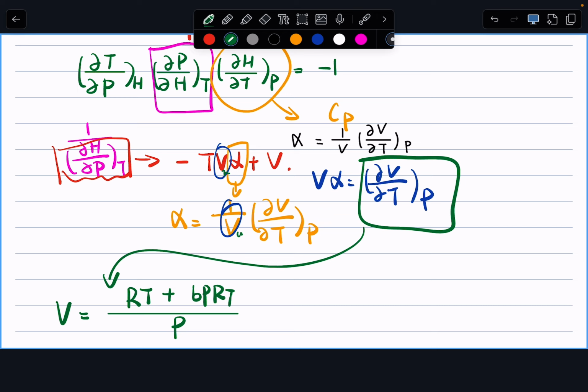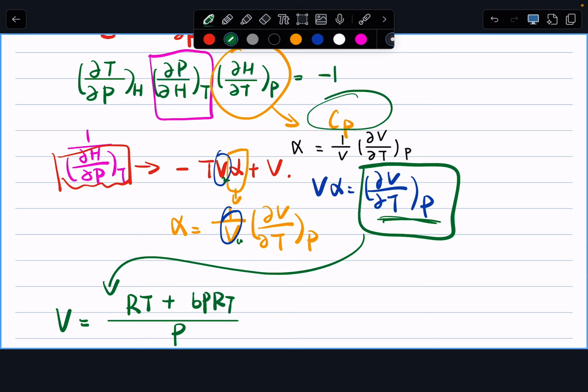Why did you bring over the volume? Well, because I want to solve this partial differential equation, which is (dV/dT) at constant P. Was there a reason we solved for Cp on the top? I don't know. Well, it's just a fact, right?